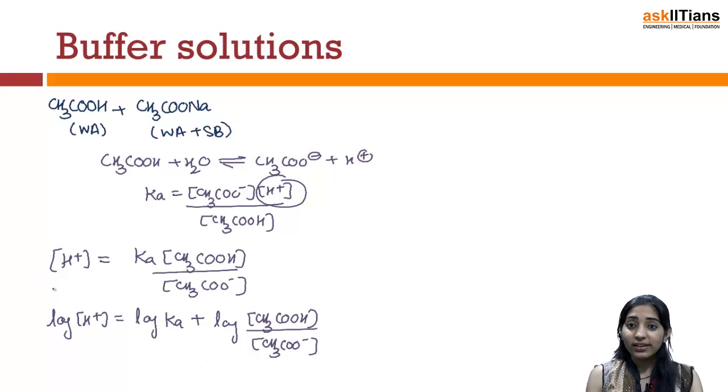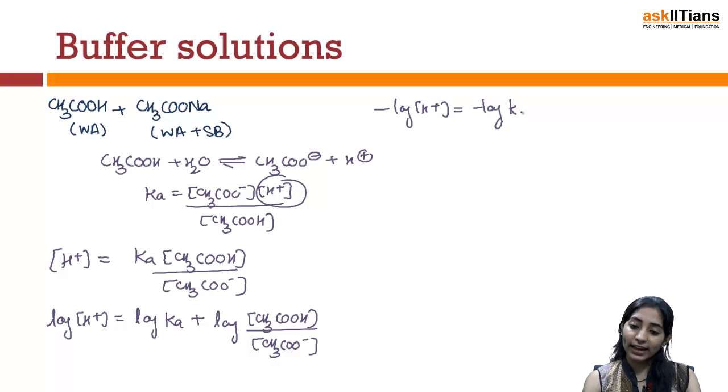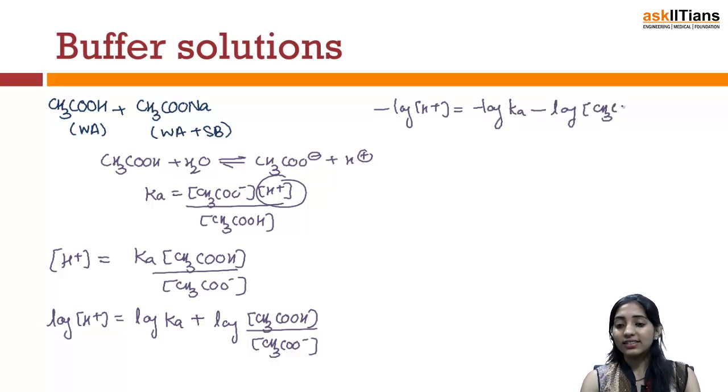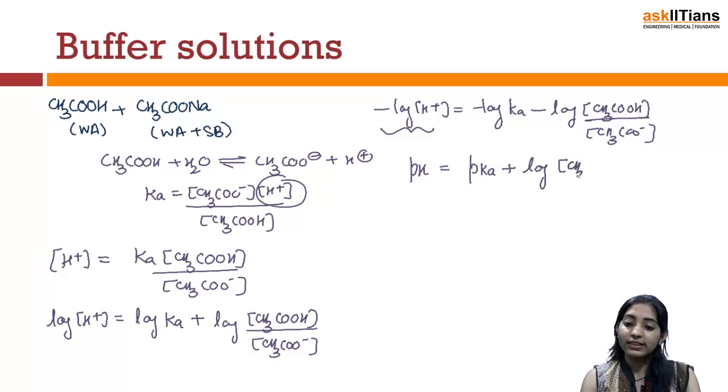Now if I take minus log, minus log of H positive will be minus log of Ka minus log of CH3COOH divided by CH3COO minus. So this minus log of H positive is nothing but pH, this is nothing but pKa, and if I want to interchange the sign, I can say plus log of CH3COO minus divided by CH3COOH.